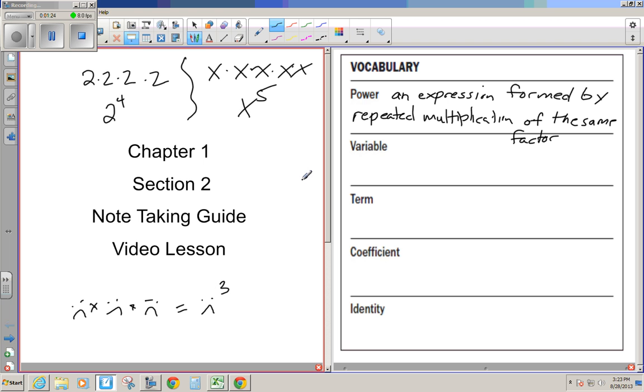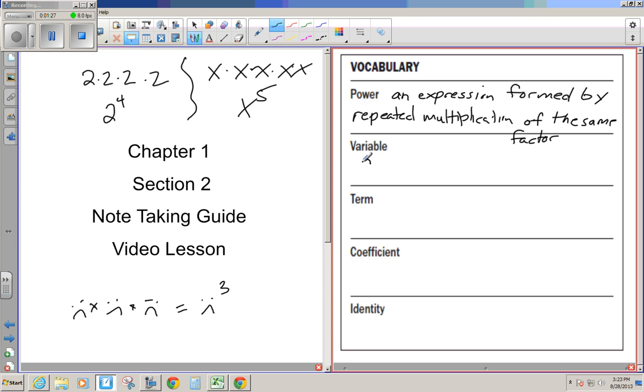That's what that's talking about. A variable is a letter or symbol to represent one or more numbers.